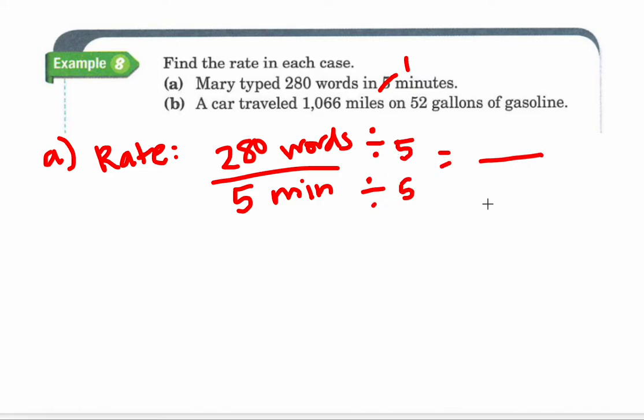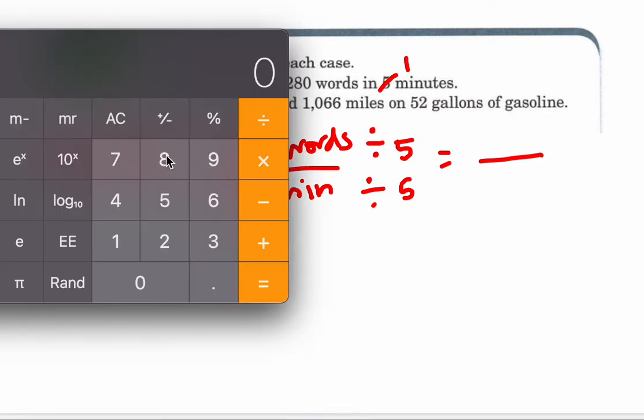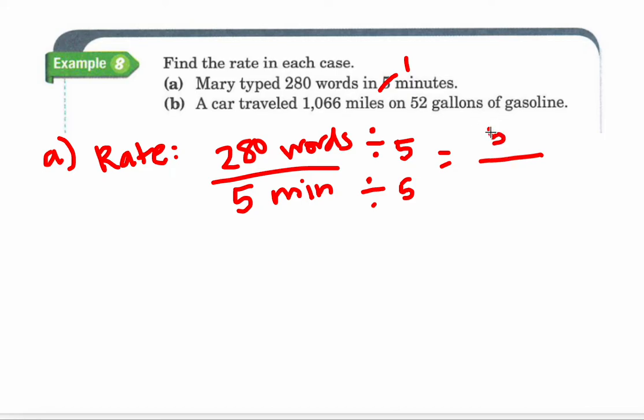Okay, so in my calculator, I'm calculating 280 divided by 5 to get that numerator of 56. 56 was 280 divided by 5. Words we didn't touch, so that can be copied back over. And then 5 divided by 5 is just 1.